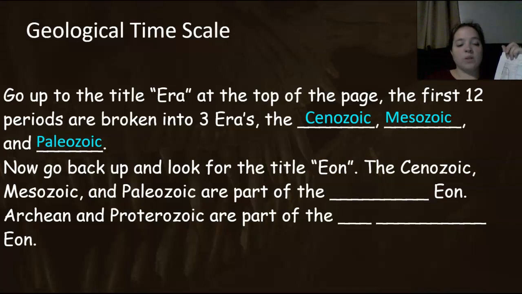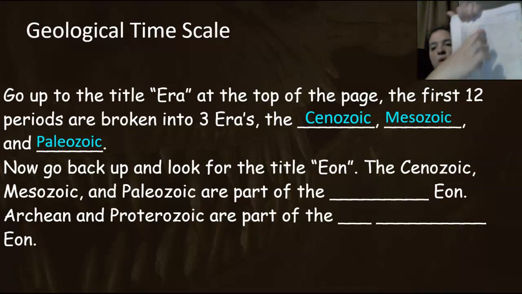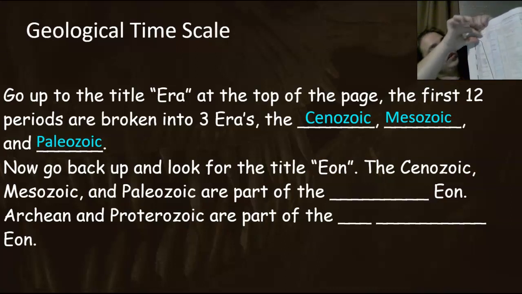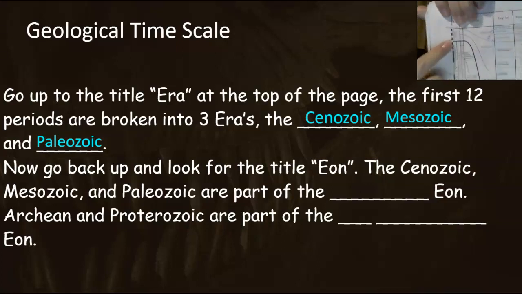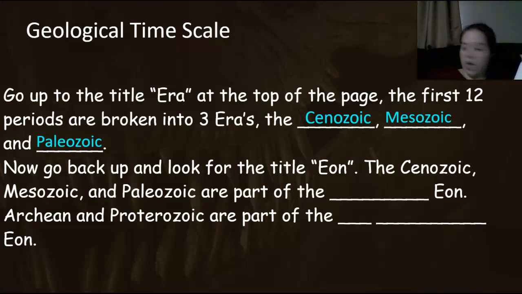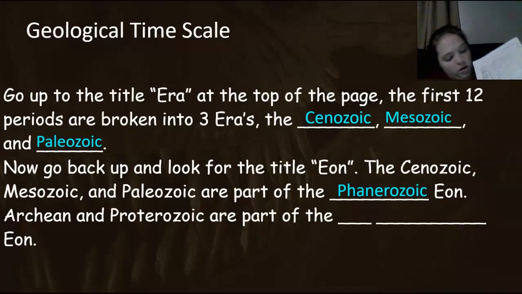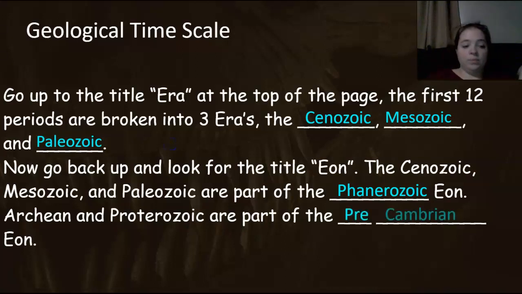The Cenozoic, Mesozoic, and Paleozoic are part of what eon? If you look at this, all this pink filters into one little part, and this one little part right there is the Phanerozoic eon. The Archean and the Proterozoic, these two that are in the gray right there, are part of the Precambrian eon.